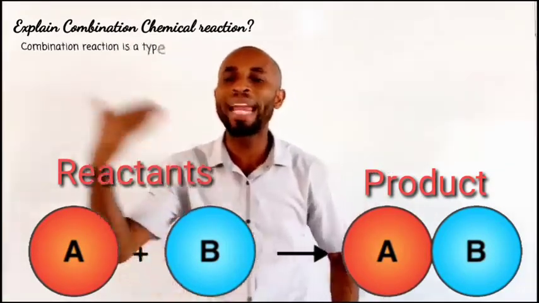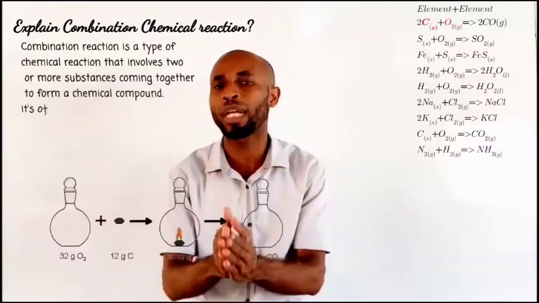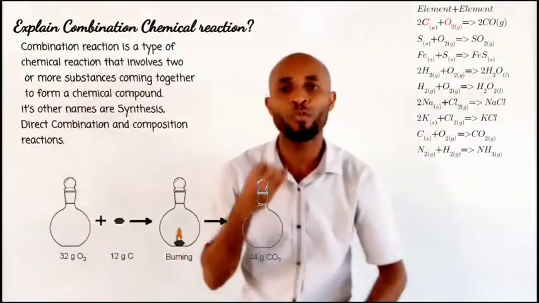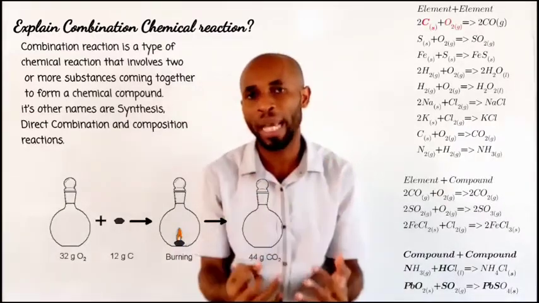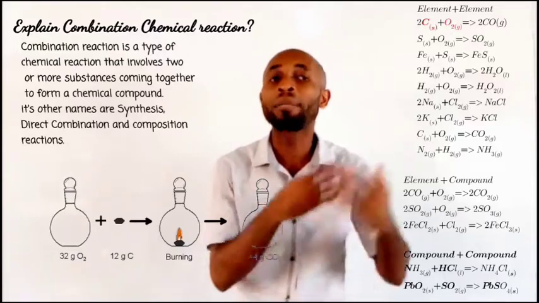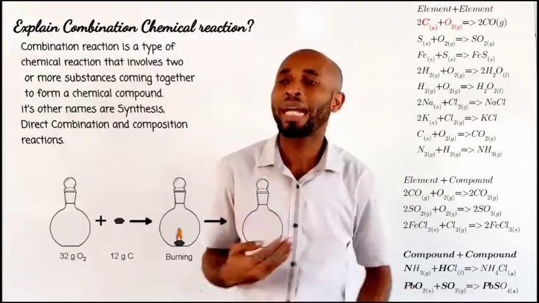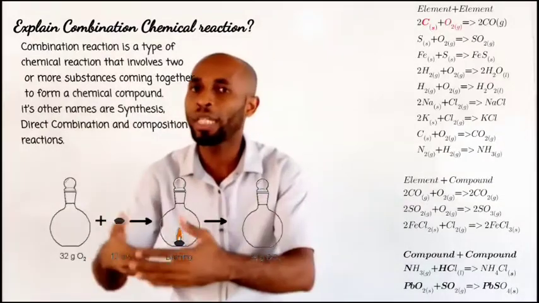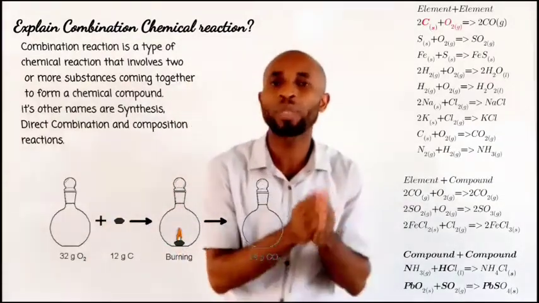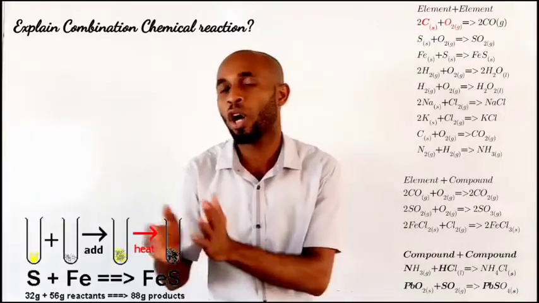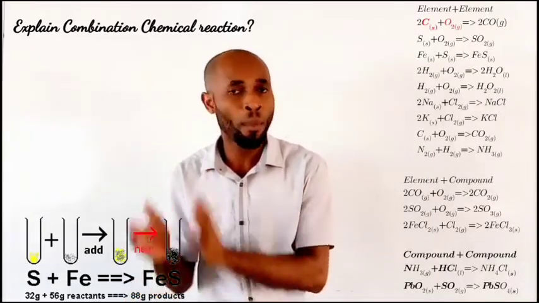It can be done by elements coming together to form one compound, as we can see in formation of water, hydrogen peroxide, ammonia, and sulfur 4-oxide, and many more. It can also be between element and compound coming together to form a compound, as we can see in formation of carbon 4-oxide, sulfur 6-oxide, and many more.